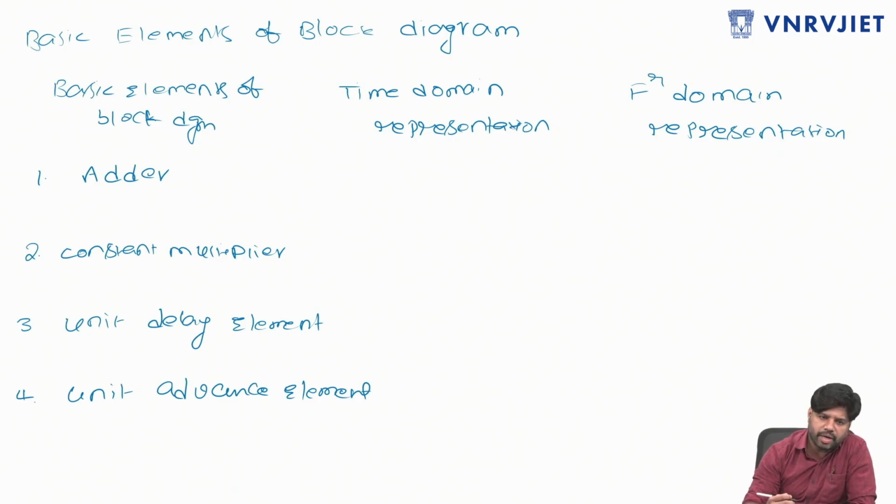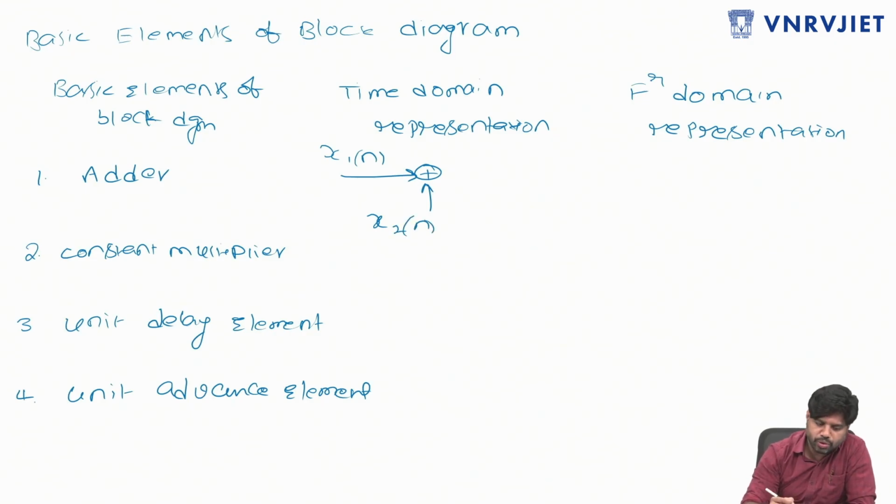Next we see how the adder, constant multiplier, unit delay element, and unit advance element will be implemented in the time domain representation and frequency domain representation. Considering the first basic element, the adder, let us consider two signals x1 of n and x2 of n.